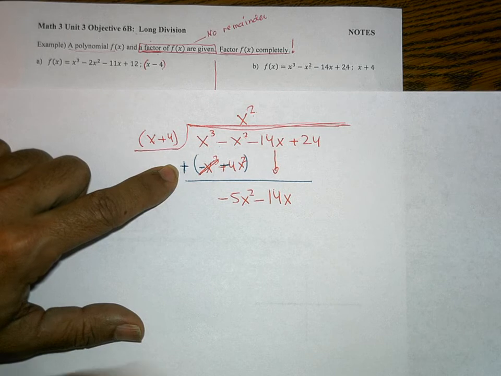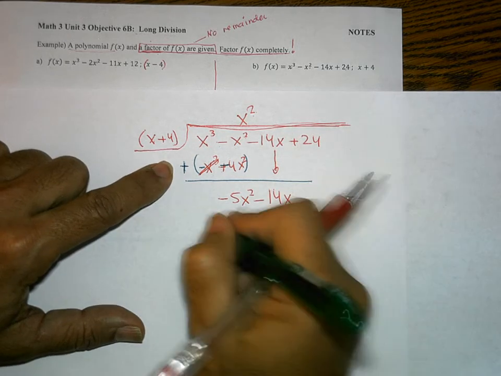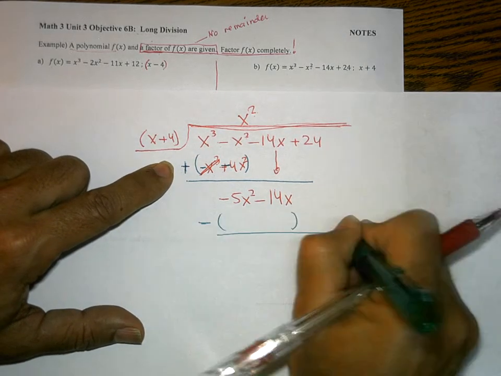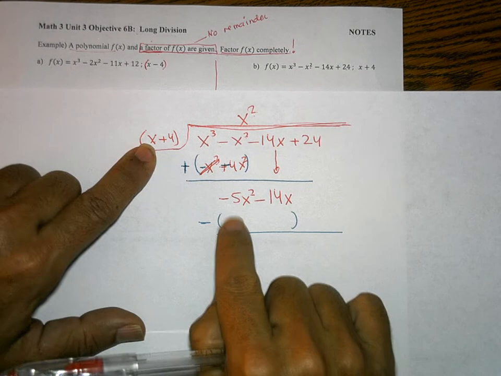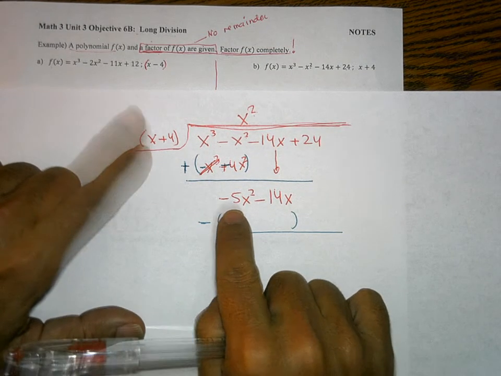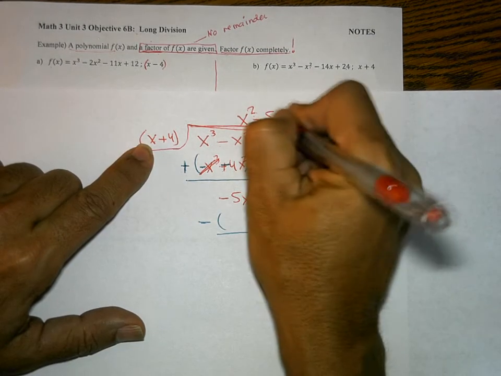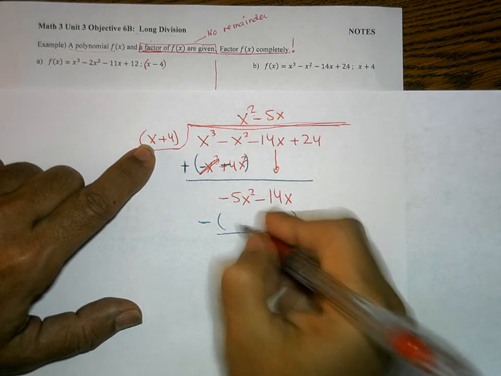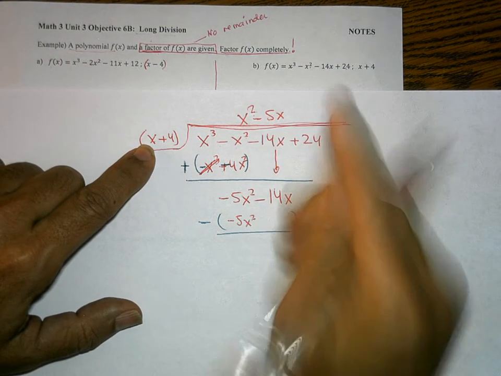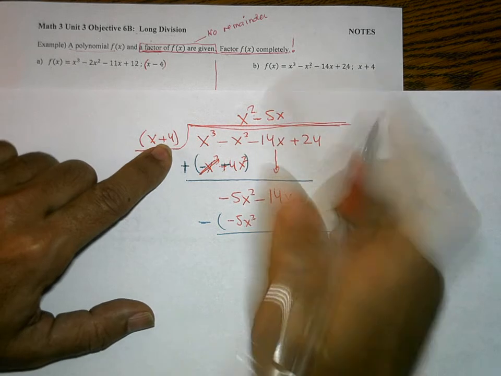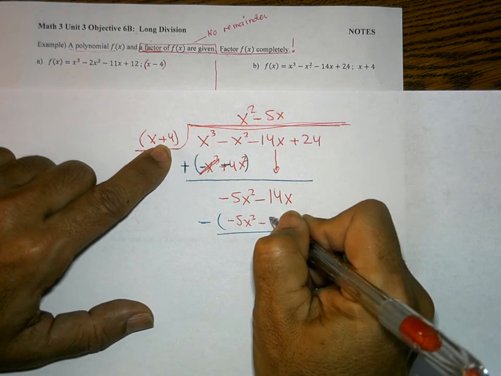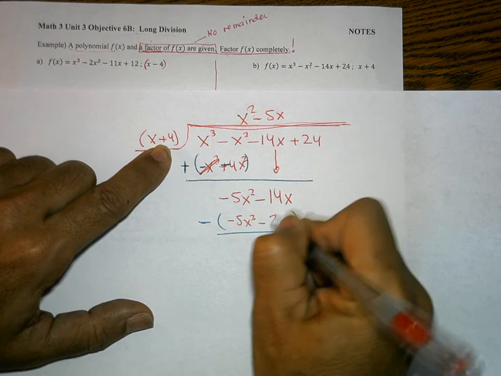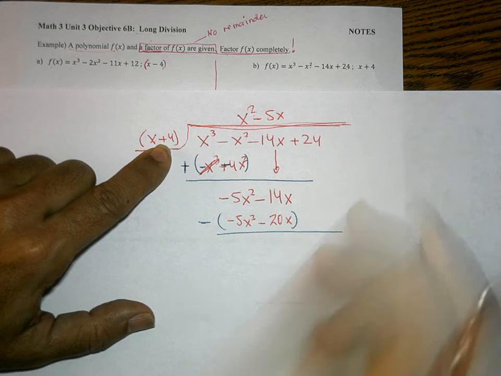Okay. So let me focus on only these two terms right here. So negative 5x will work. Negative 5x times an x is negative 5x squared. Negative 5x times a positive 4 is negative 20x. There we go.